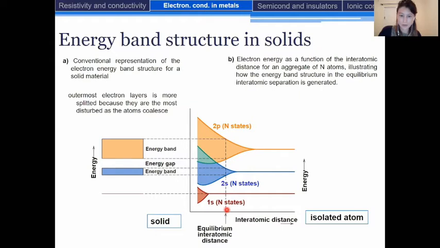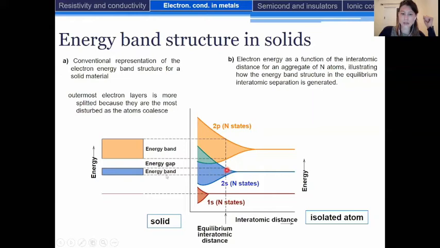So at this position, the energy level 1s is not impacted by the presence of the other atoms because it is the innermost one, closest to the nucleus. The 2s and the 2p are impacted. And so in order to represent the range of energy values that this electronic state is now taking, we represent an energy band.